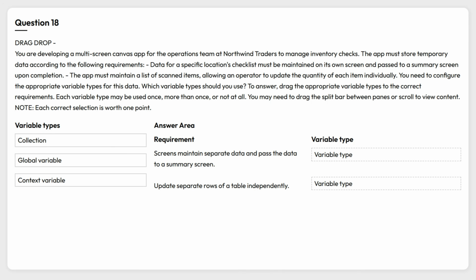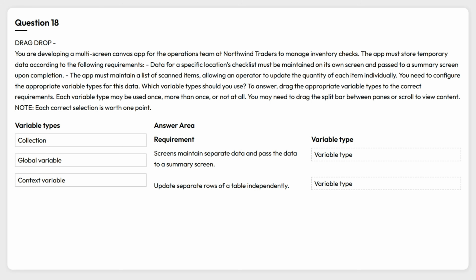Question number 18. You are developing a multi-screen Canvas app for the operations team at Northwind Traders to manage inventory checks. The app must store temporary data according to the following requirements. Data for a specific location's checklist must be maintained on its own screen and passed to a summary screen upon completion.